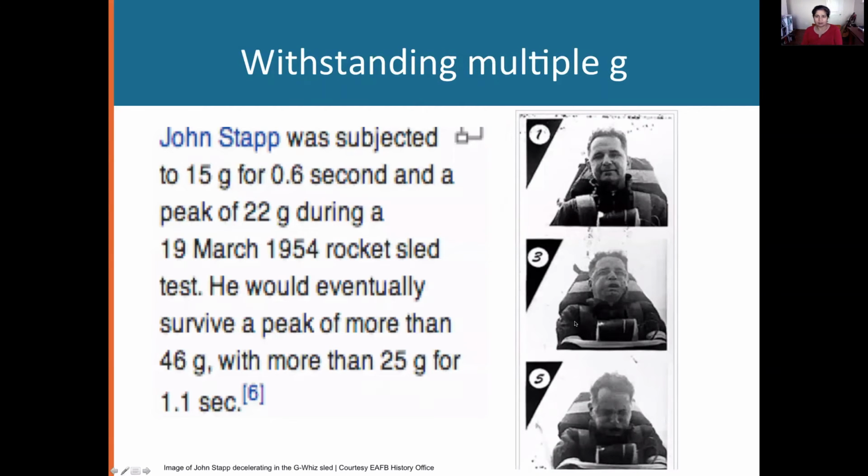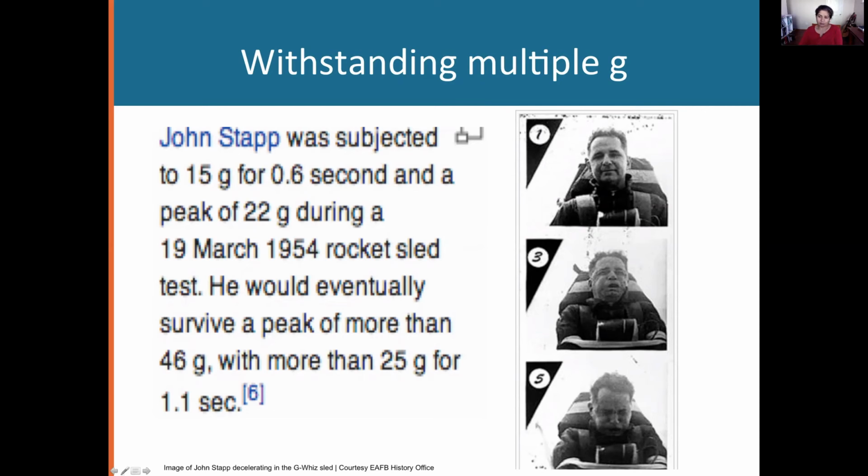So here's a very famous man, John Stapp. He was an Air Force pilot, and he was very interested in these large accelerations and to study how much the body could withstand, whether you could train the body. And you indeed can train the body to withstand greater and greater levels of G-force.